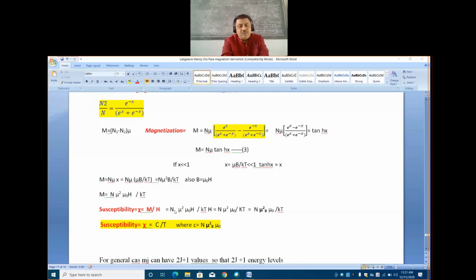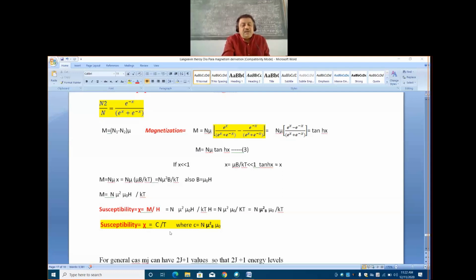Therefore it becomes N mu square mu naught divided by kT, which is the expression for susceptibility. We can simplify by putting chi is equal to C by T, where C, that is N mu square mu naught by k all put together, is a constant which is called Curie constant. So we arrived at a very simple expression, chi is equal to C by T.